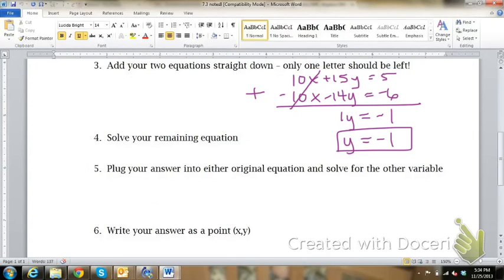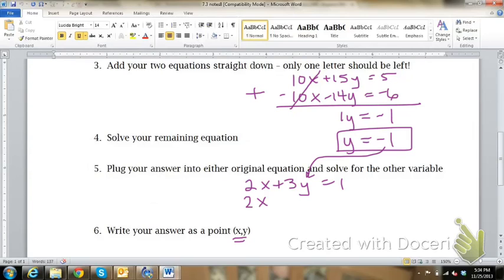Great. Now, that's only a y. Remember, I need two answers, an x and a y. So now I'm going to plug my answer into either of my original equations and solve for the other variable. So let's use the top equation. What was the top equation? It was 2x plus 3y equals 1. So now I'm going to take this -1 and plug it in for the y.